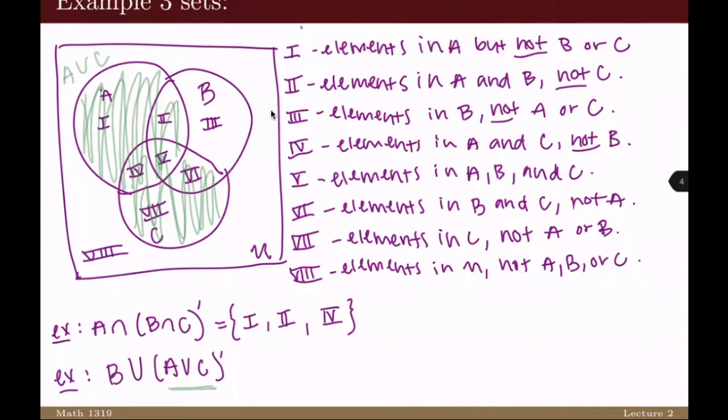However, we want to union B. We want B to join the complement of A union C. Now the complement of A union C is going to be everything not in the green shaded area. So if I'm going to union everything in B, all that's left over is this Roman numeral 3. Granted, these other 3 Roman numerals, 2, 5, and 6, are in B. They're in the complement of A union C, and I can't use anything in that green area.